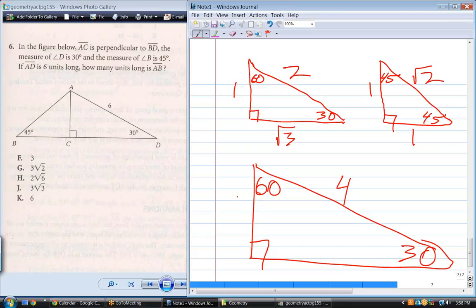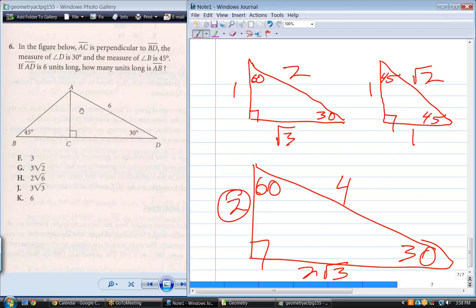So if my similarity ratio is 2, what does that side have to be? 2? It's got to be twice as big as this one. What's this side have to be? 2 times the square root of 3. You got it. That's why you want to memorize these dimensions, because you're constantly being faced with similar triangles with different dimensions.